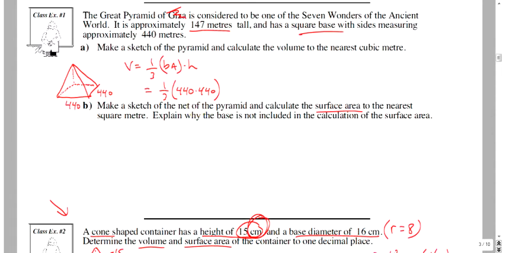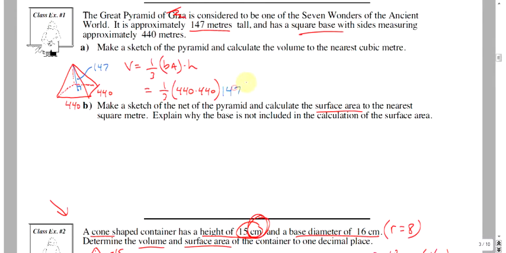What's the height? Does it tell me? 147. From the center to the top, that's supposed to make a right angle. That's 147. So, piece of cake. I'm given everything I need.